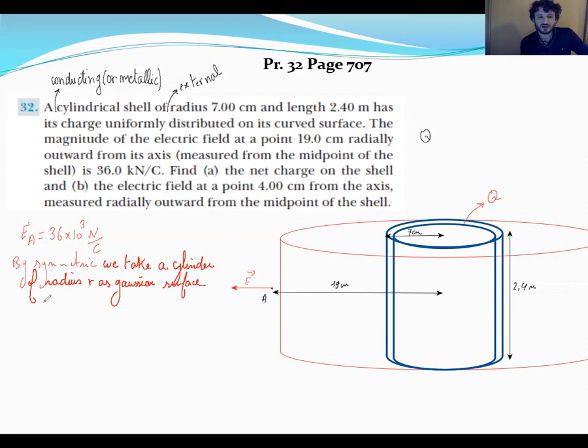In this case, R equals 19 centimeter. A is a point on the surface.